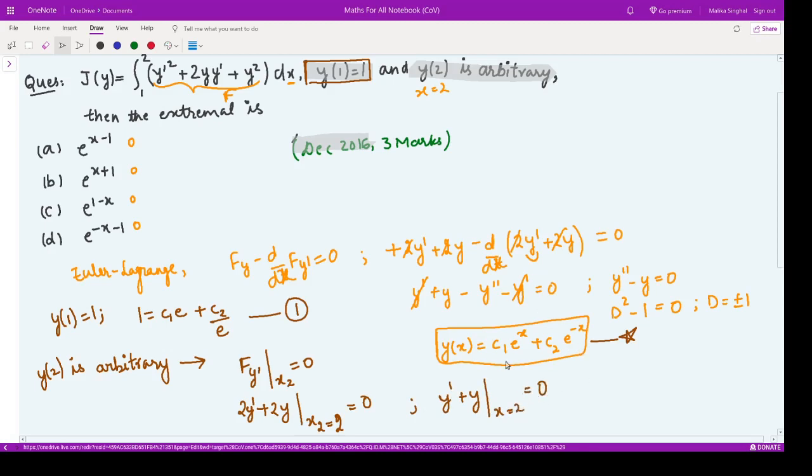So we have y as this. What is y dash? Let us compute it. So y dash would be c1 e to the power x minus c2 e to the power minus x. So let us put these values here.